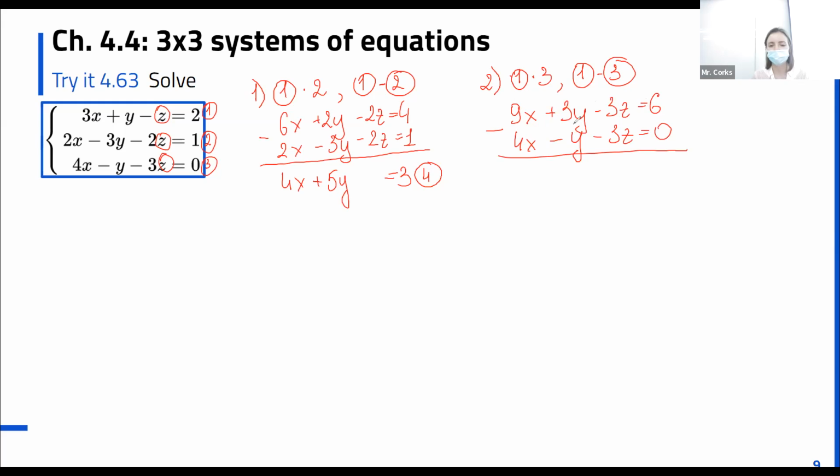What do we have here? 9 minus 4, 5. 5x. 3 plus 1, 4. And again, we don't have z. And 6 minus 0, 6. It will be our fifth equation.